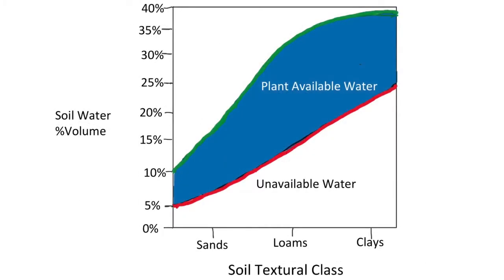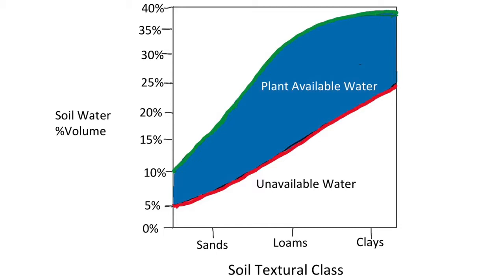And this graph really shows off that relationship of the surface area's effect on plant available water. On one hand, you've got the sands on the left side of the graph that really have a small amount of plant available water. Then you move to the loams, and you get a pretty large difference between that green line, which represents the maximum water the soil can hold, and the unavailable water.